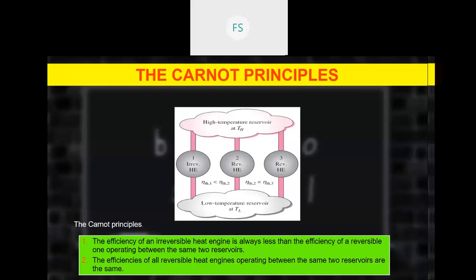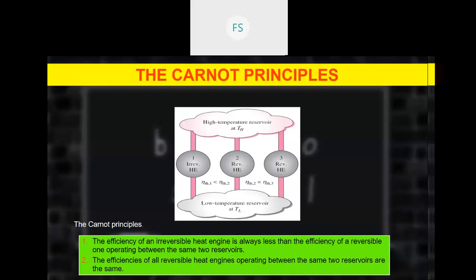So eta for the real heat engine is always less than eta of the ideal heat engine operating between the same two reservoirs. The second principle is between heat engine number 2 and heat engine number 3.